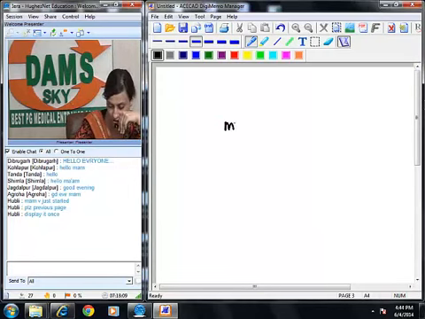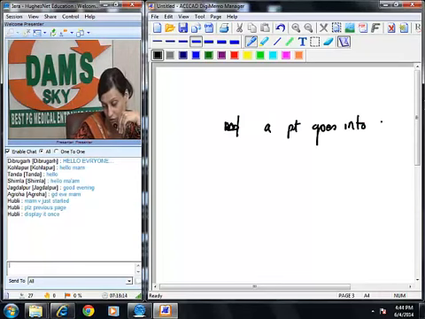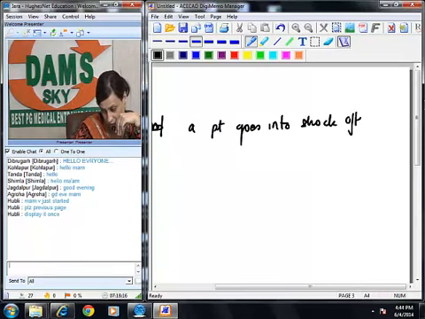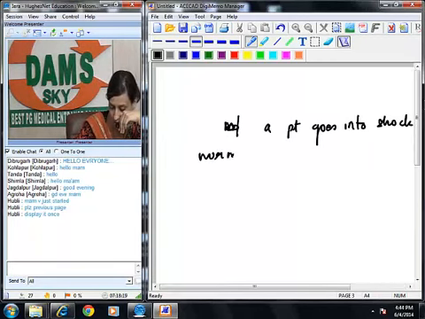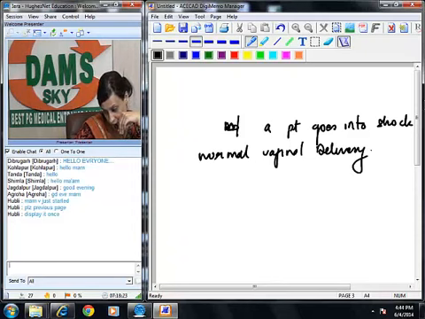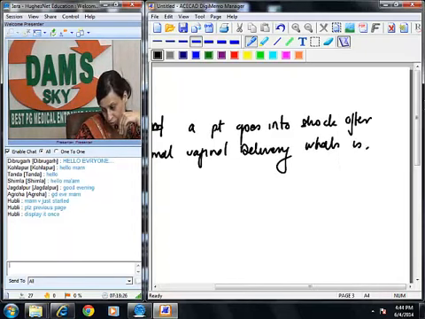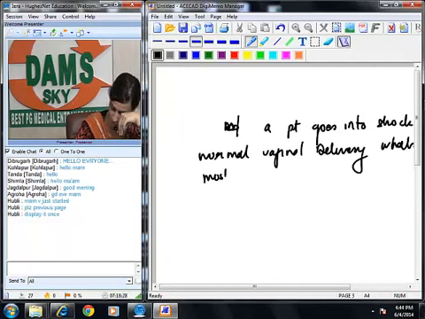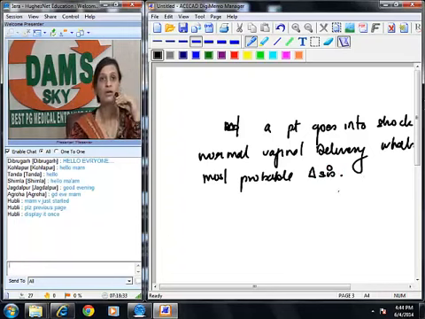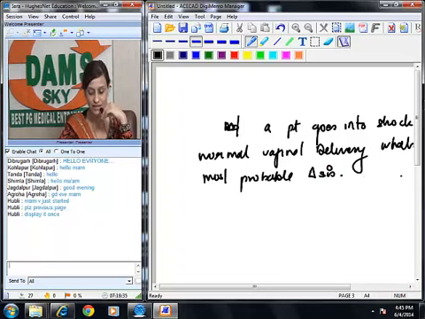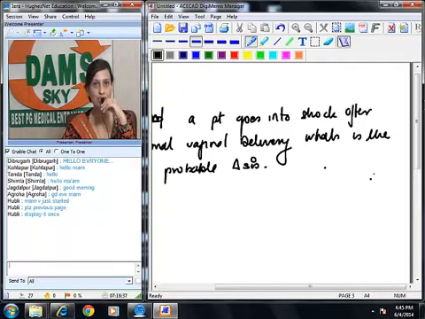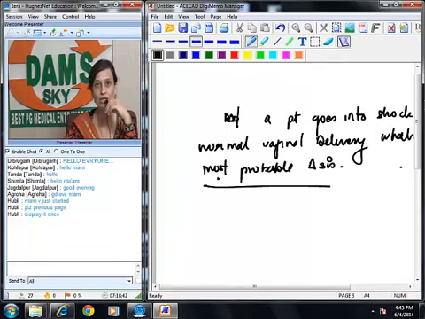So the first question is, a patient goes into shock after normal vaginal delivery. What is the most probable diagnosis? I'm saying a lady goes into shock after normal vaginal delivery. What is the most probable diagnosis?